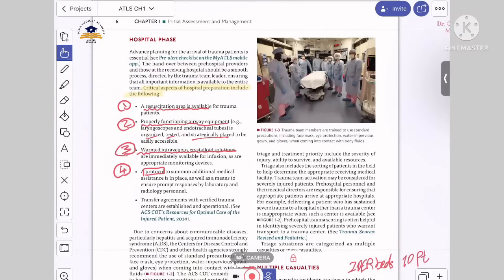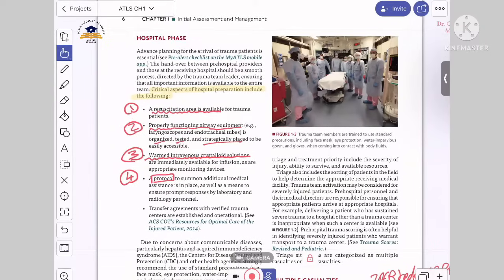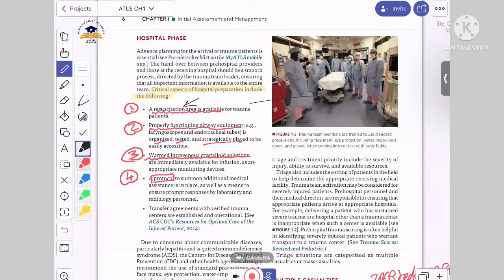Now, what we will do in hospital, and this is very important. This is the doctor's job; this is the job for you. Critically, you have to prepare the hospital and the trauma center. First, you have to know that a resuscitation area is available, like the red zone, or trauma room.